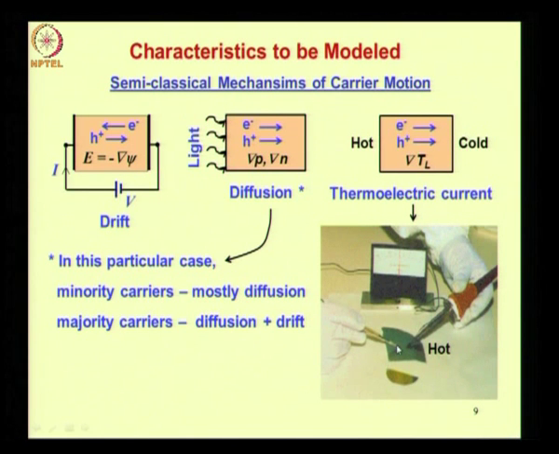Now a current flows from the hot end to the cold end, from the soldering iron to the other probe within the semiconductor, and if the circuit is closed using a galvanometer as shown here, then the galvanometer will detect current. So it is something like this.